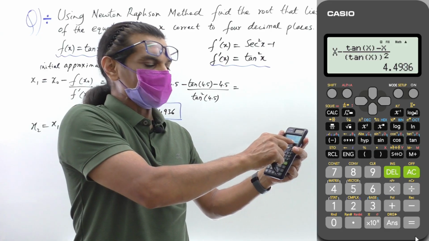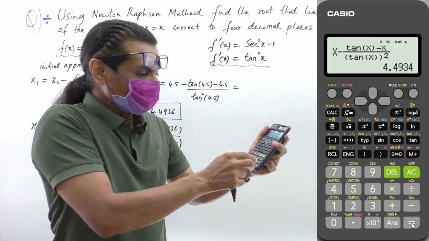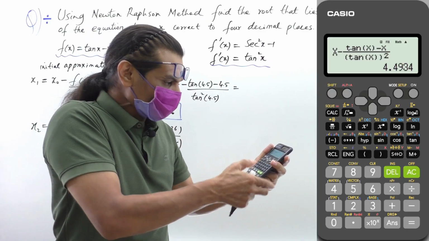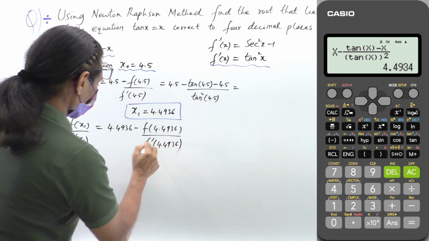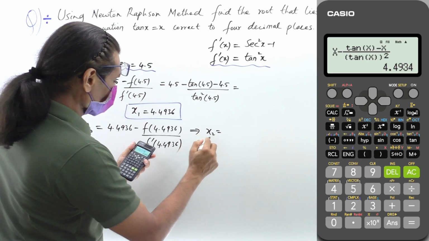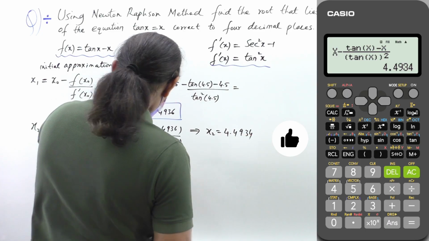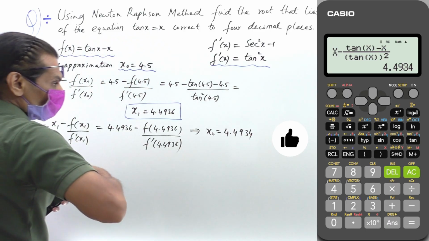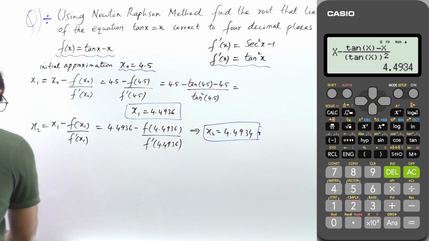When I press equal to, this gets stored in the answer, which is 4.4936. Simply press equal to, then answer. Again equal to. We get 4.4934, that implies x2 is equal to 4.4934. Okay, we'll underline this also.